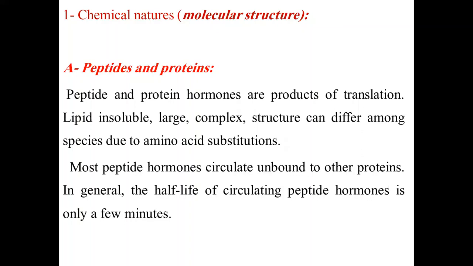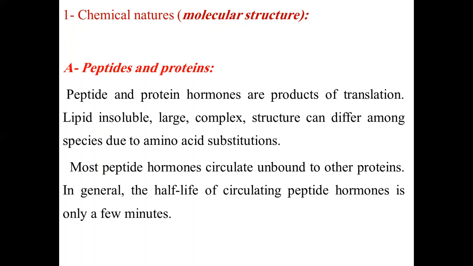So about the peptides, the first type according to chemical nature, we have peptides and proteins. Peptide and protein hormones are products of translation.